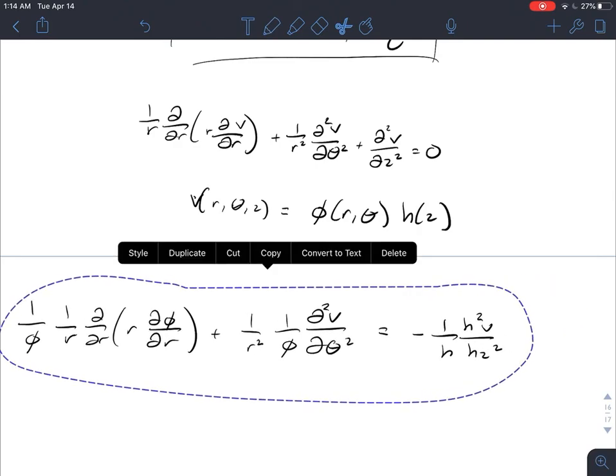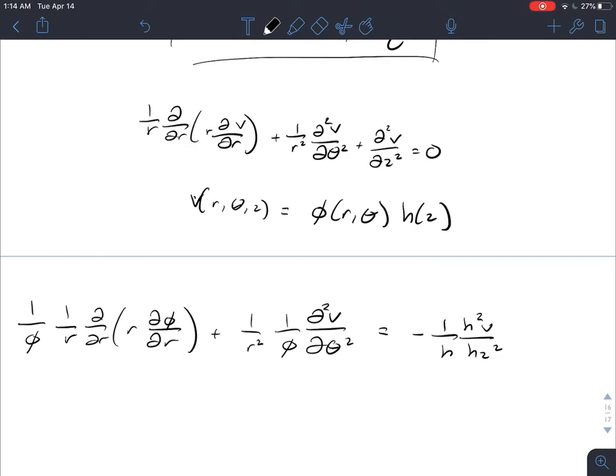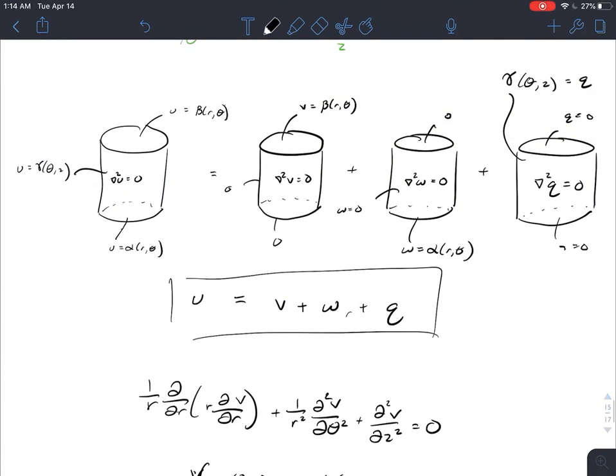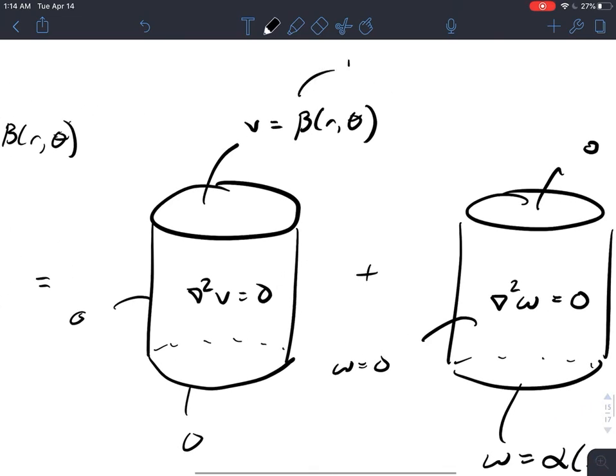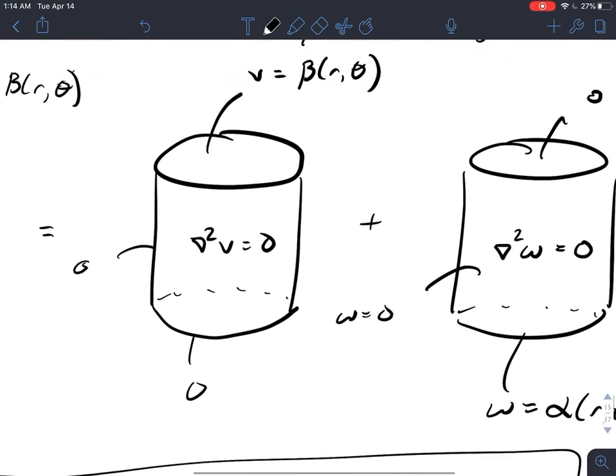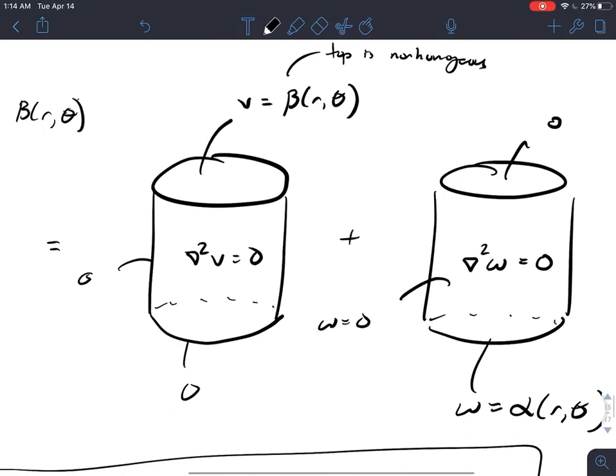So let's take a look at our cylinder for v and make a logical conclusion about which separation constant we want. Noticing that the top is non-zero, so the top is non-homogeneous, and then the bottom is 0.